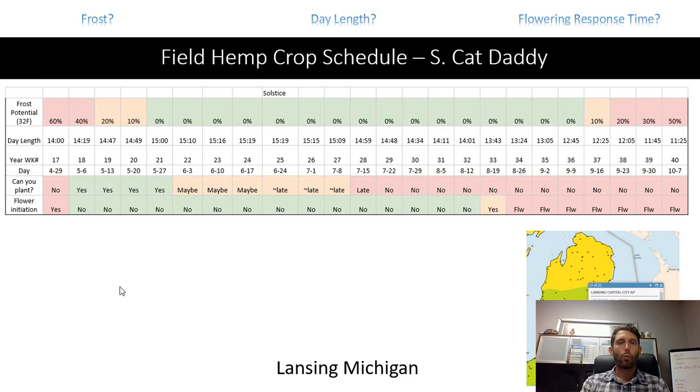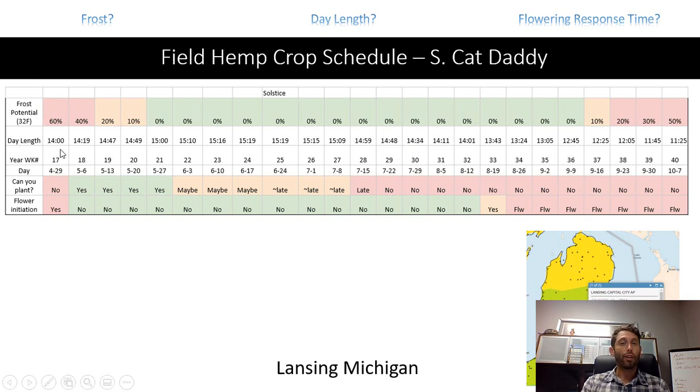Okay, so we want to make sure that we plant when the day length is longer than 14 hours so that it can focus on vegetative growth and continue that growth throughout the majority of the season and get bigger and bigger and bigger.